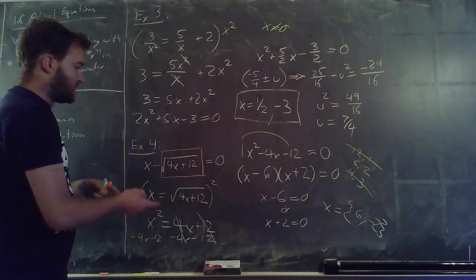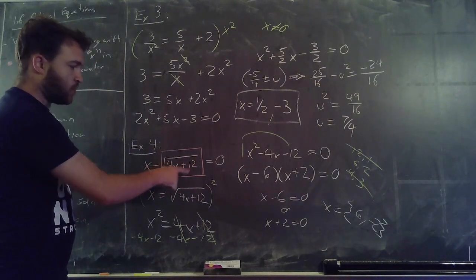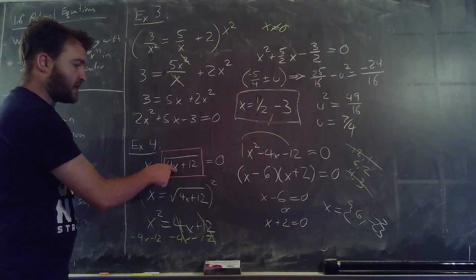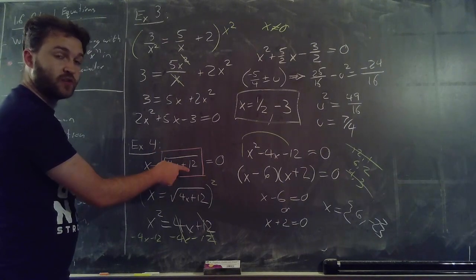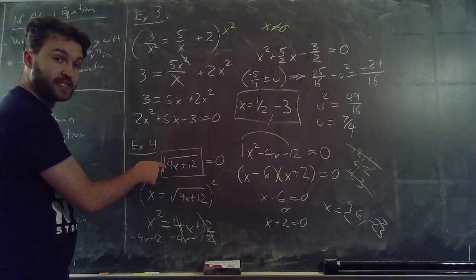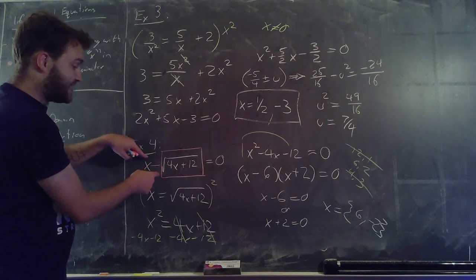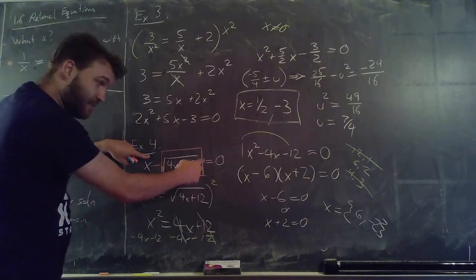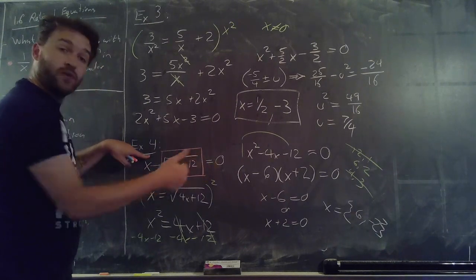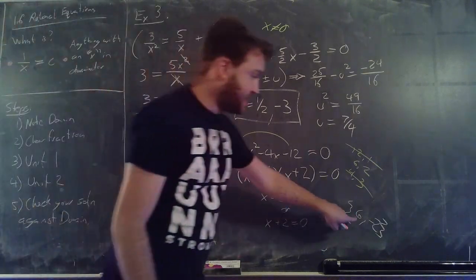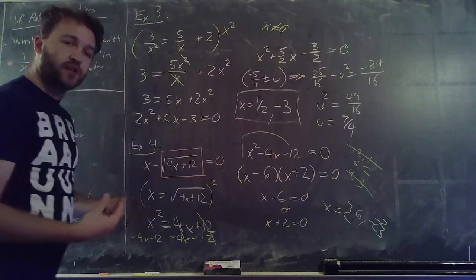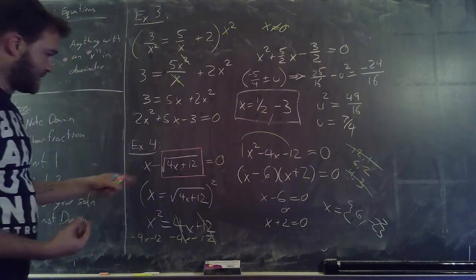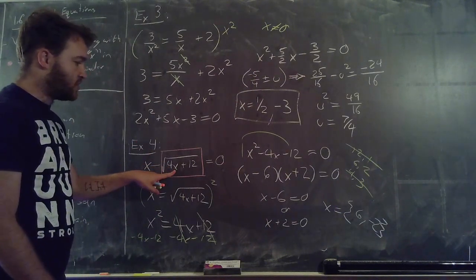Okay, so putting a 6 here, let's worry about what's in the pink box. 4 times 6 is 24. 24 plus 12 is 36. The square root of 36 is 6. So 6 minus 6 is 0, so that's part of our answer. So I know that 6 works. I'm also going to do the same thing with negative 2. 4 times negative 2 is negative 8.